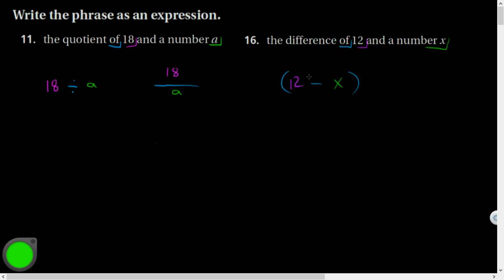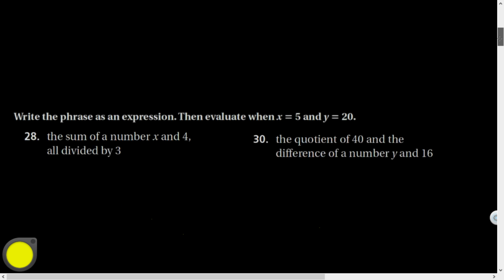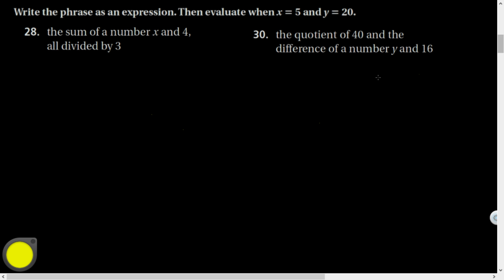The order matters for both division and subtraction, whereas addition and multiplication are said to be commutative. The order doesn't matter as much, but you would want to make sure that you get those orders right. So be cautious. It ended up we didn't need parentheses, but if there were other operations taking place, then I would need to.